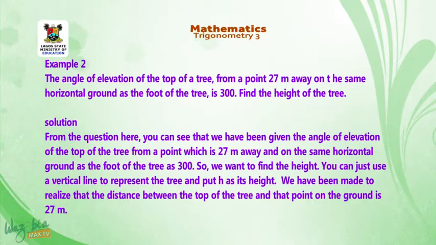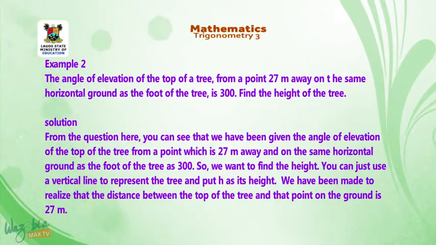Solution. From the question here, you can see that we have been given the angle of elevation of the top of the tree from a point which is 27 meters away and on the same horizontal ground as the foot of the tree as what? 30 degrees. So we want to find the height.